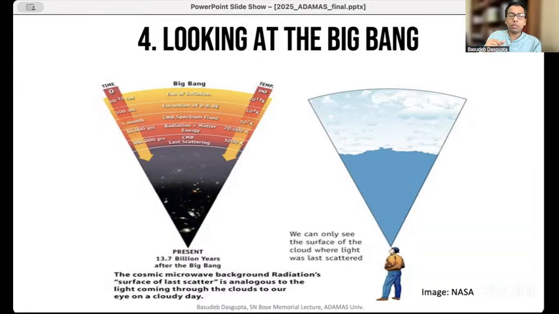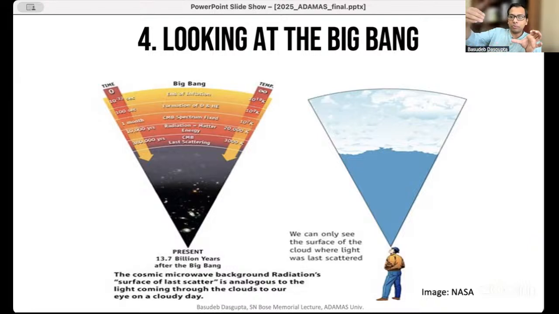Now, it turns out if we believe, as we will argue later, that the universe is expanding and it was hotter and denser in the past, then billions of years ago, that part of the sky, that part of the universe was not neutral. It was very hot, and therefore all the hydrogen atoms were ionized, and the photons in that region could not have come to us at the time.